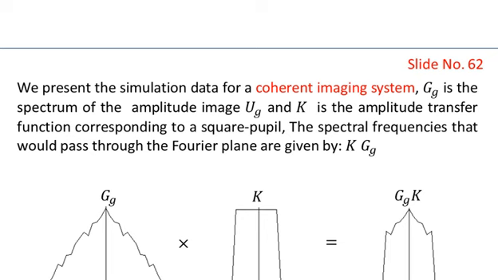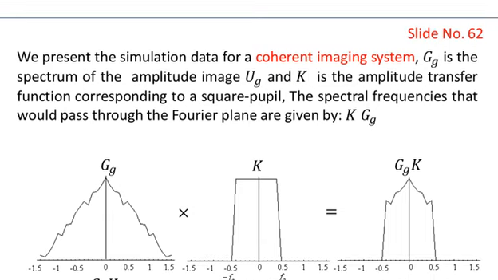We present the simulation data for a coherent imaging system, capital G with small g as a subscript, where small g is the spectrum of the amplitude image UG and capital K is the amplitude transfer function corresponding to the square pupil. The spectral frequencies that would pass through the Fourier plane are given by capital K multiplied by capital G subscript g.